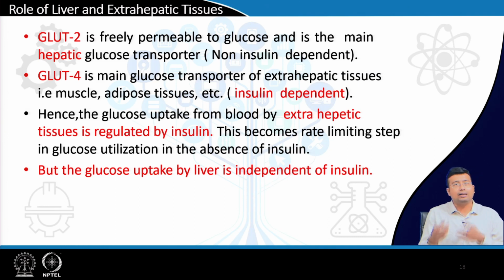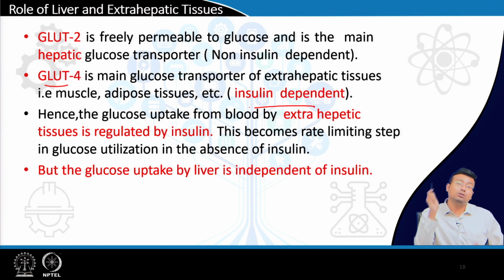Whereas in the case of other muscles and fat cells, adipose tissue, what happens? There is presence of GLUT4, which is actually insulin dependent, right. So, you see, whenever the body or the pancreas needs to send a signal to the extrahepatic tissues, it can do it via GLUT4. Insulin can tell the muscle and the adipose tissue to take up an excess amount of glucose as you want, right.